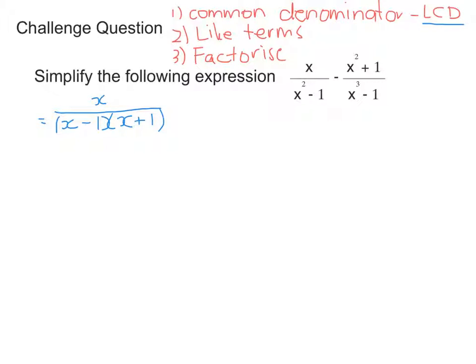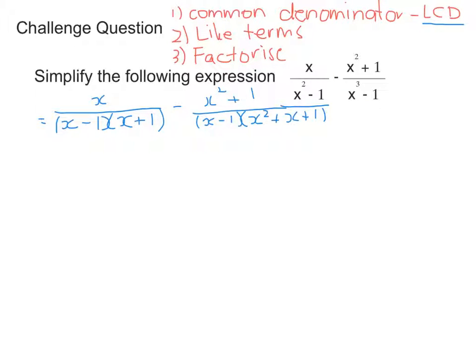In the second fraction, students often try to factorise the x squared plus 1 term. There are no common factors between these two terms though, and this expression cannot be factorised. However, we know that the bottom cubic can factorise to x minus 1, x squared plus x plus 1.